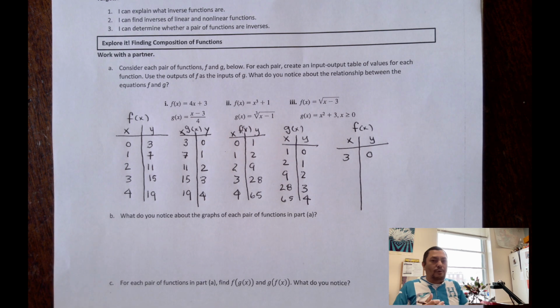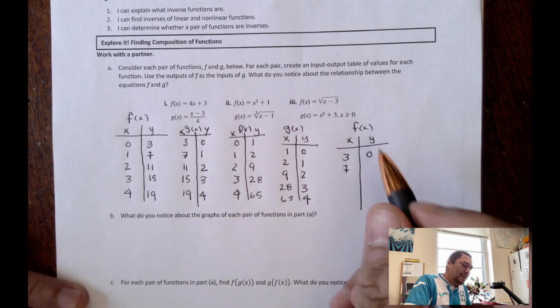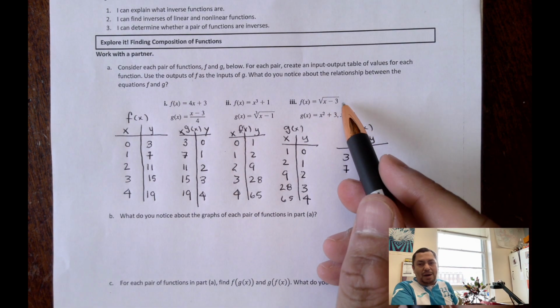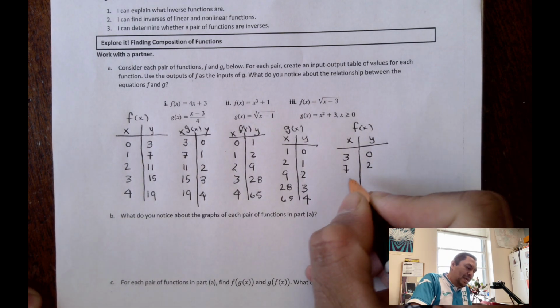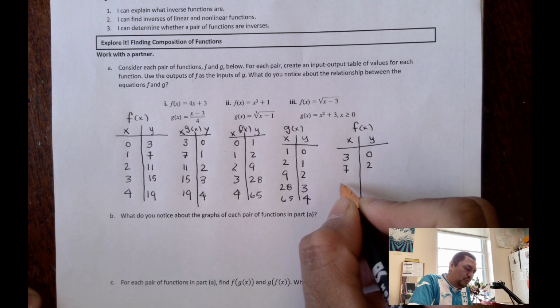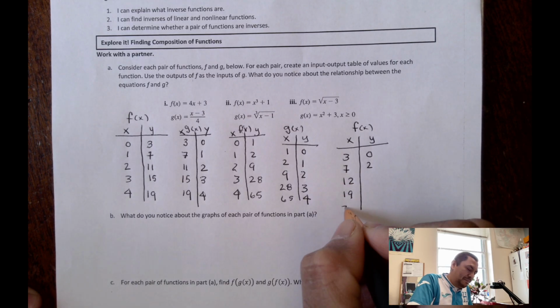Now, I'm not going to do 4 because it's going to give me a value that is not a perfect square. I'm going to look for perfect squares, so I'm going to use 7, because 7 minus 3 is 4, and the square root of 4 is 2. And then I'm going to use 12, 19, and 28.